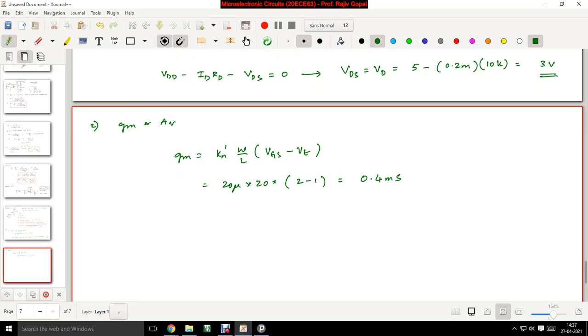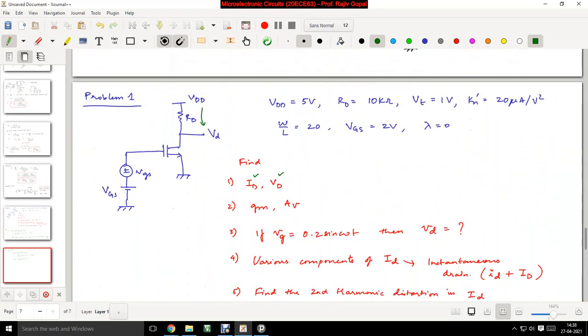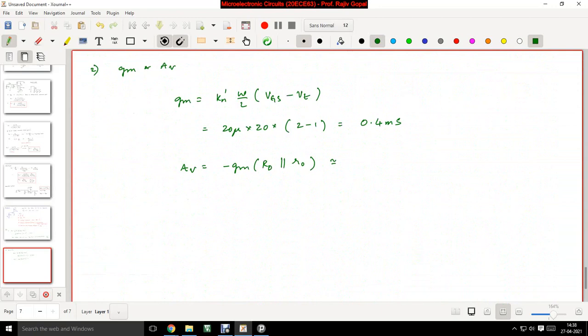Av is minus gm into (RD parallel r0). Since lambda is 0, there will not be an r0, because r0 appears only when you have lambda. So r0 will be infinite, and this is actually minus gm into RD. So minus 0.4 milli into 10 kilo, which will be minus 4.